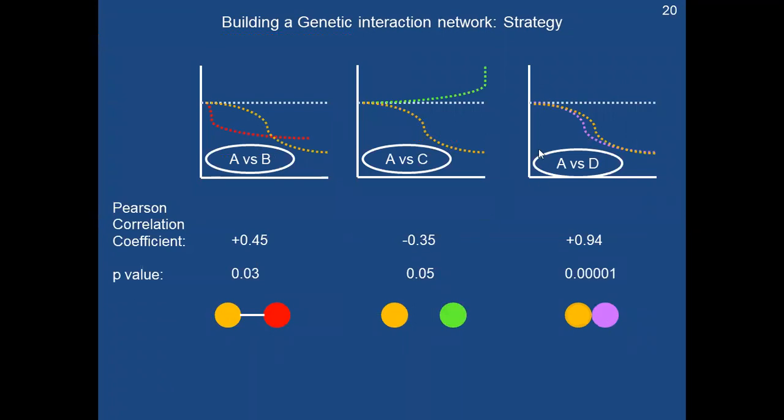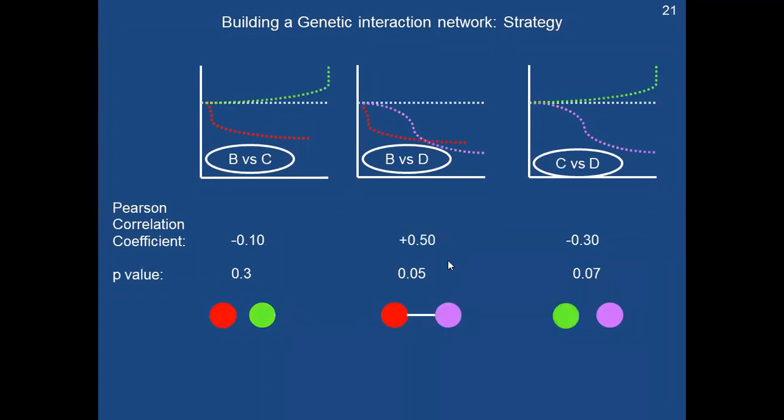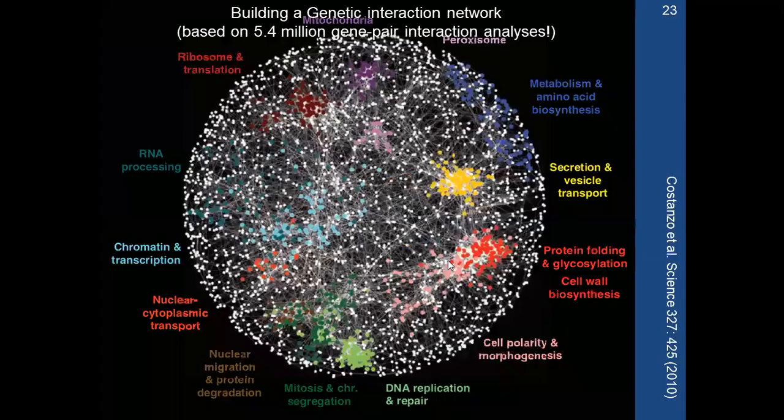If the correlation is very strong, we are going to put the two nodes close to each other. If weak, with an edge that is longer. If there's an inverse correlation, even when it's significant, we are not going to put an edge. And we are going to do this for all genes that are siRNA knocked down. And we generate this image here.